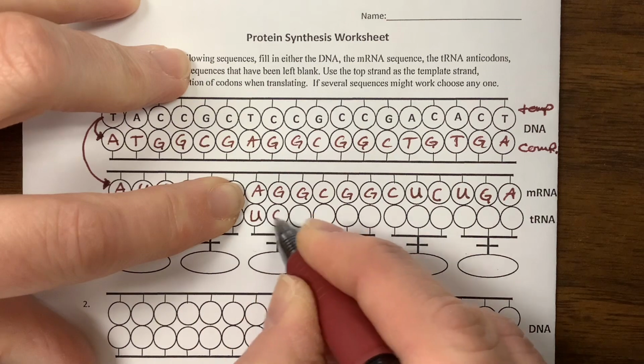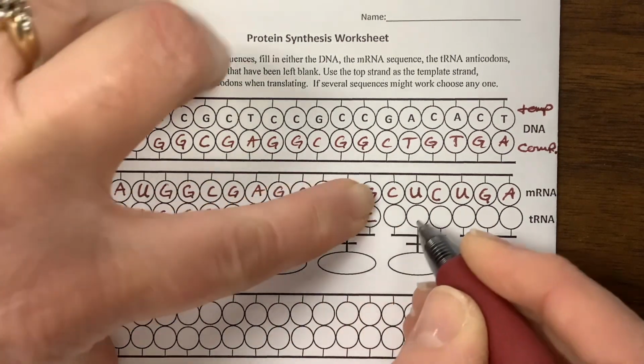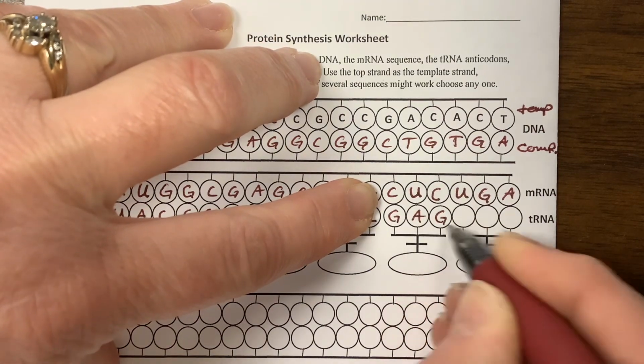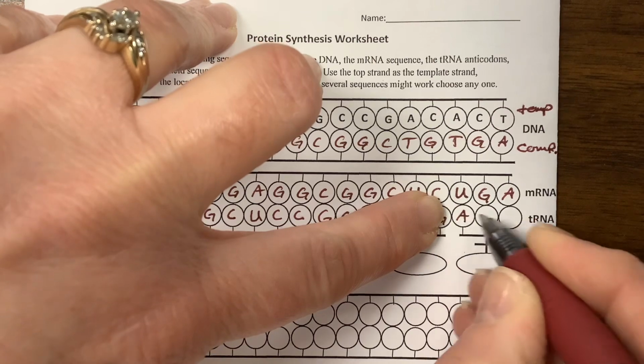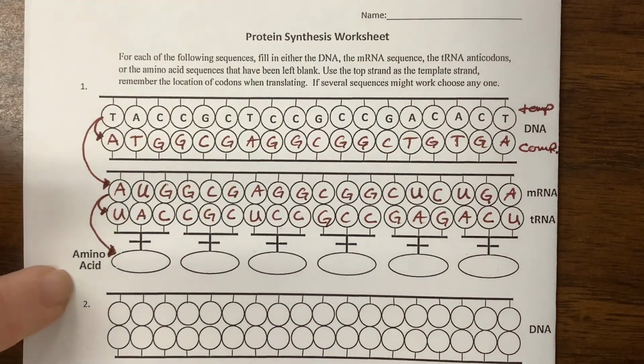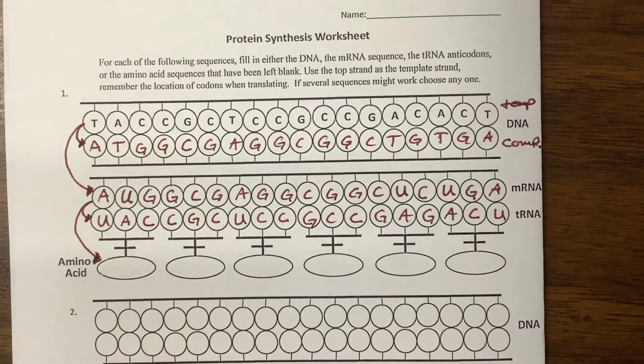This would be a UCC, and then a GCC, and then a GAG, and then an ACU, okay?